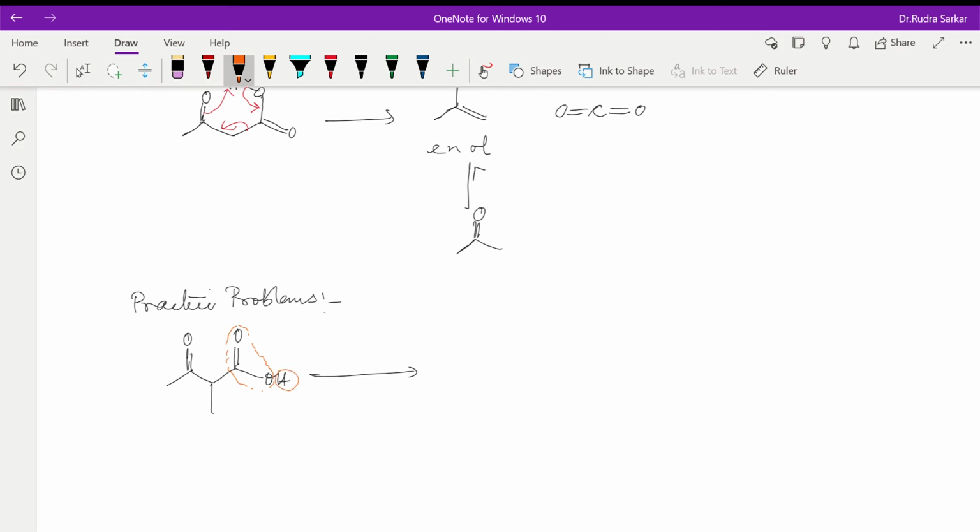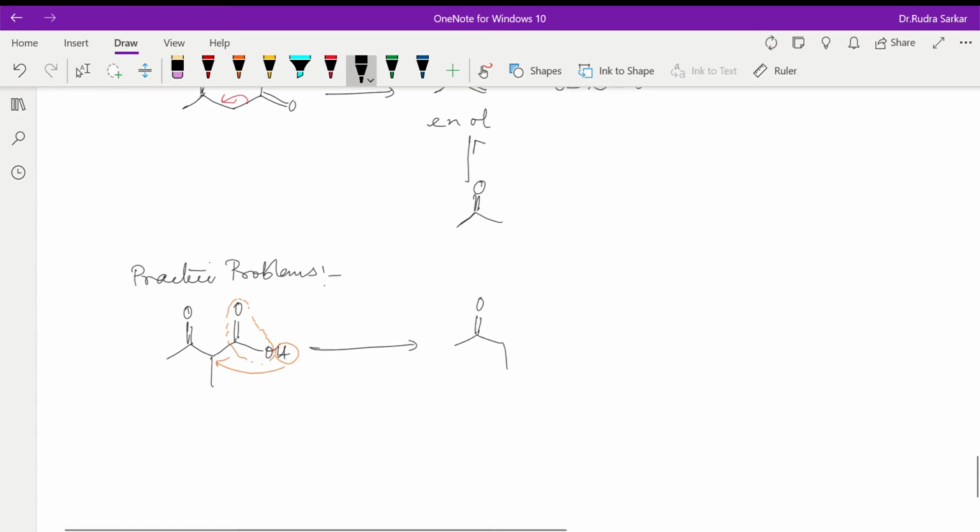This hydrogen goes in here. That's all you need to do. That means the molecule that will form is something like that. That should be your answer.